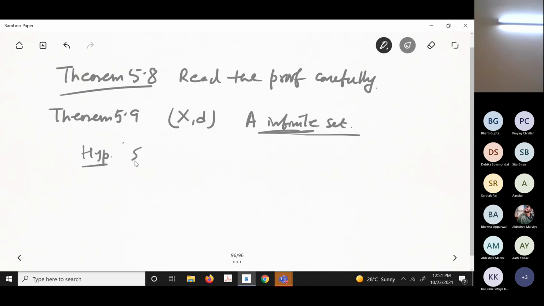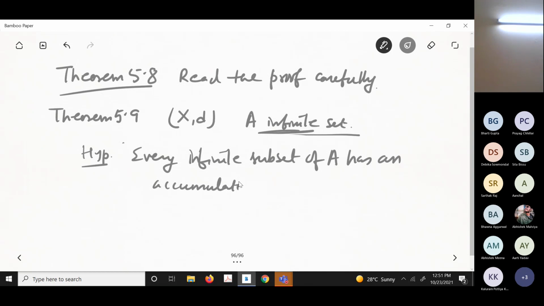Suppose every infinite subset of A has an accumulation point in A. Not only that A has an accumulation point, this point is in A. This is very vital. Every infinite subset of A has an accumulation point.